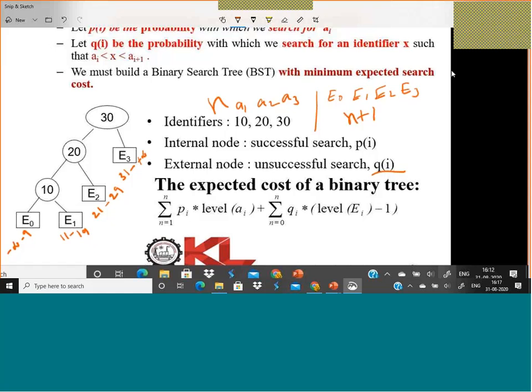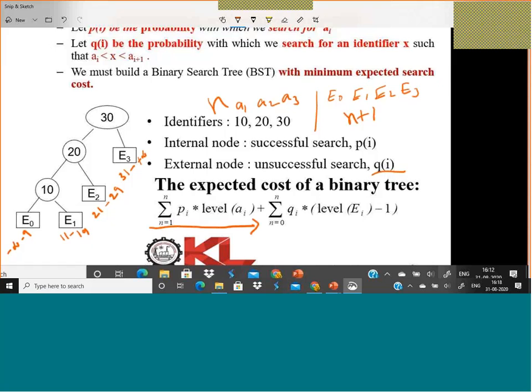Then how do you compute the cost of each element? You can observe the mathematical formula given. If it is a key element, that is A of I, then P of I means the probability of accessing A of I, multiplied by the level of A of I. Level will define how many comparisons are required.